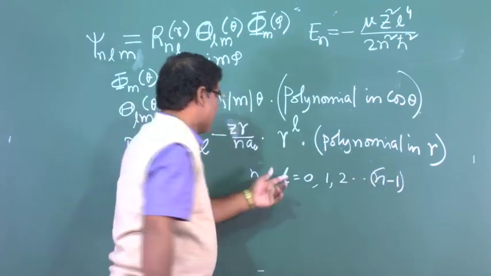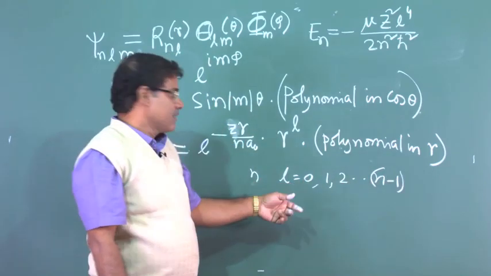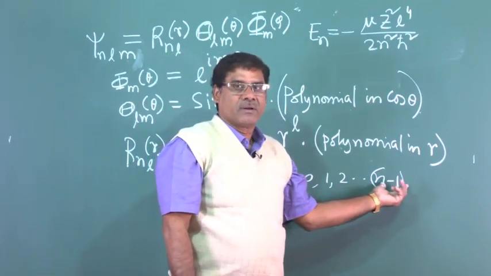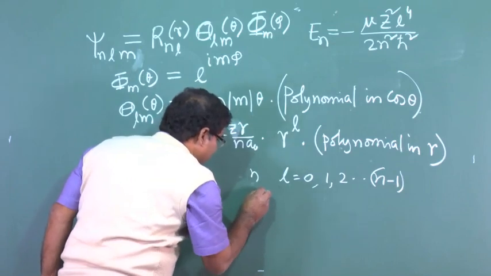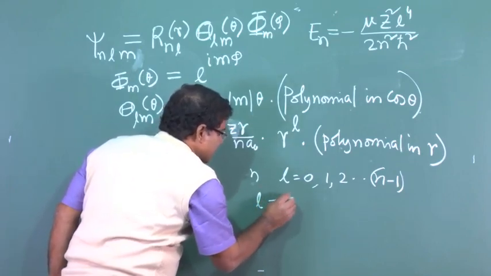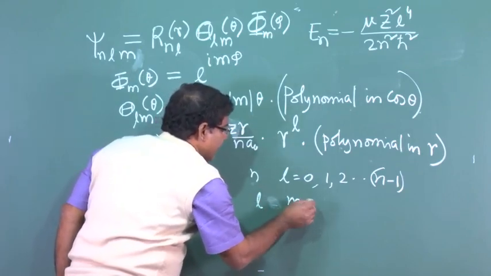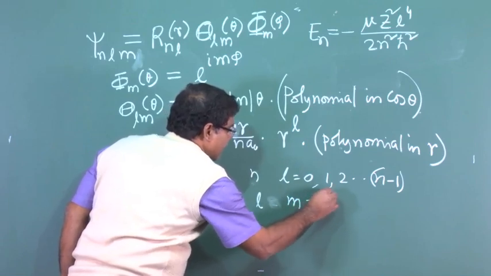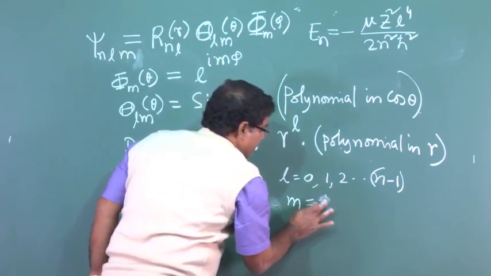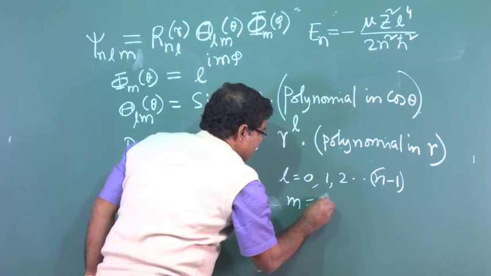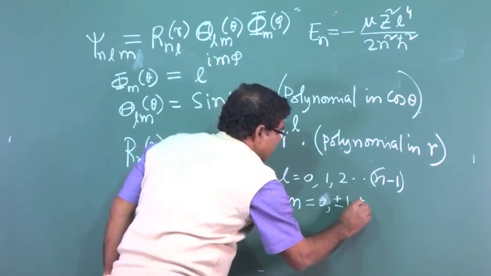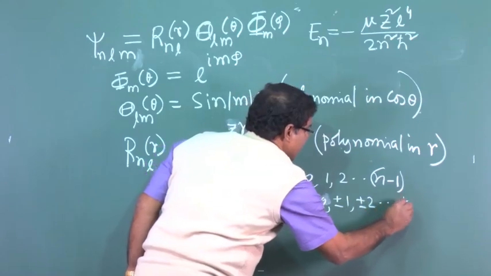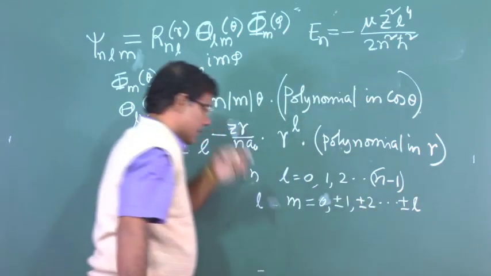So the minimum value of l is 0 and the maximum value of l is n minus 1, and for a particular value of l, the m value is 0, plus minus 1, plus minus 2, up to plus minus l.